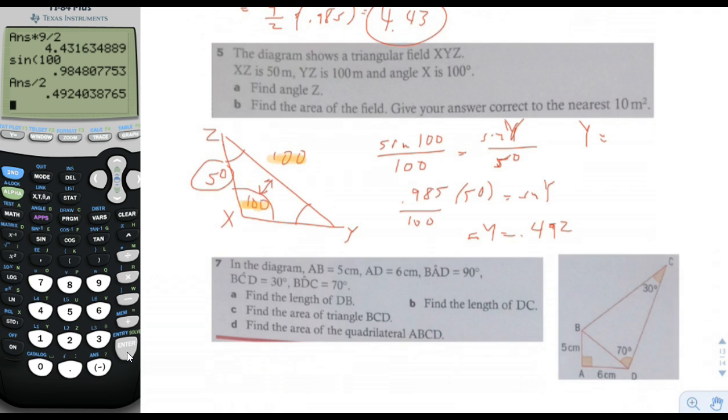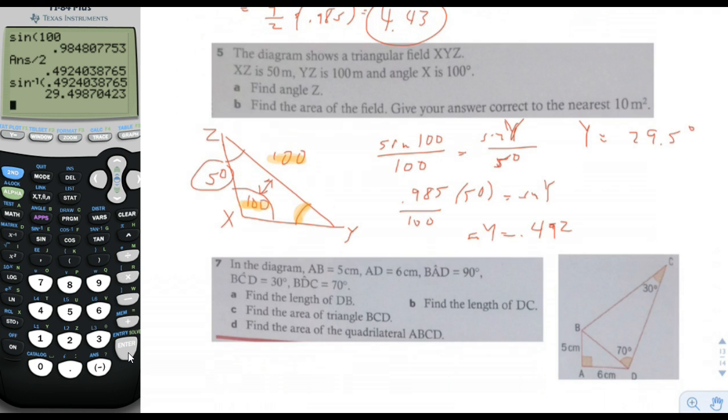So y is equal to the inverse sine of that, which is 29.5 degrees. Okay, so now we know y.